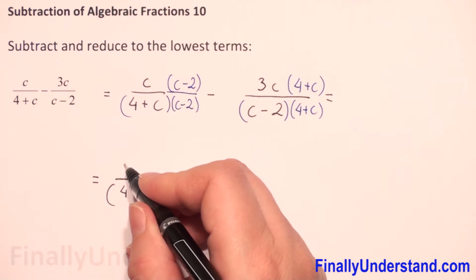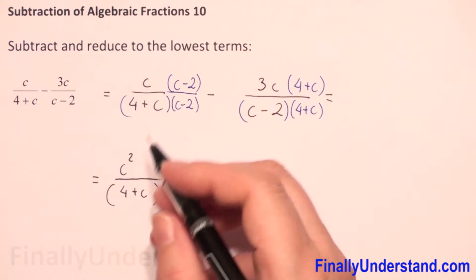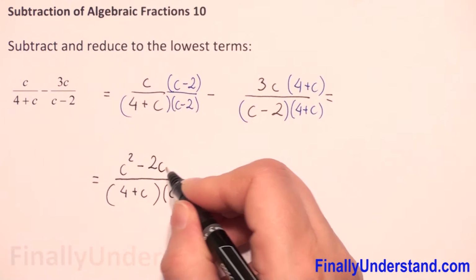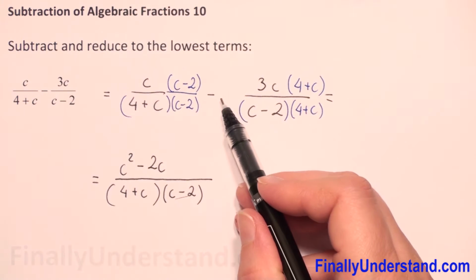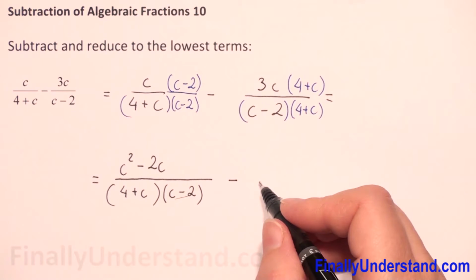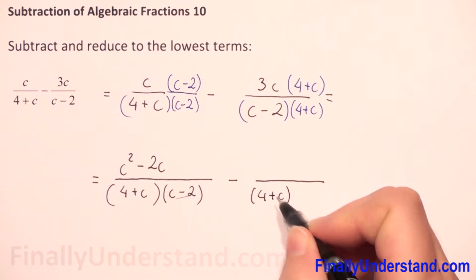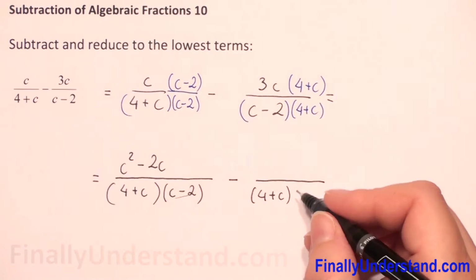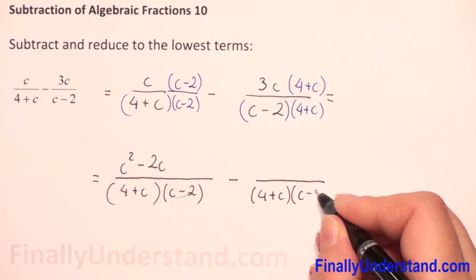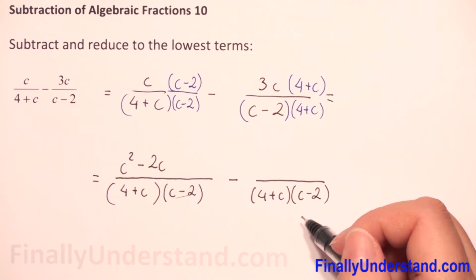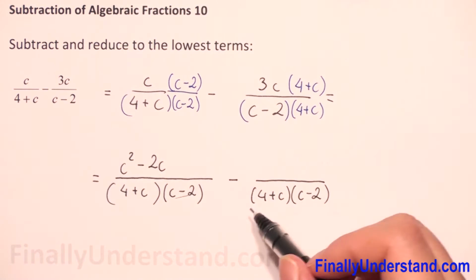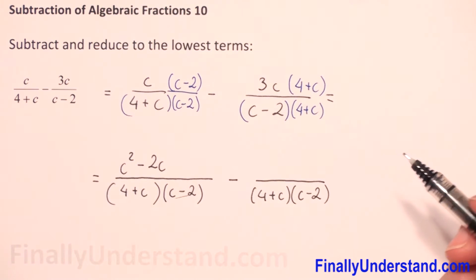So c times c will be c squared, c times negative 2 is negative 2c, and the same here. We have to copy the negative sign. First I will put 4 plus c, because we have here 4 plus c and c minus 2. When we have multiplication, it doesn't matter if we multiply 2 times 3 or 3 times 2, it is still the same.